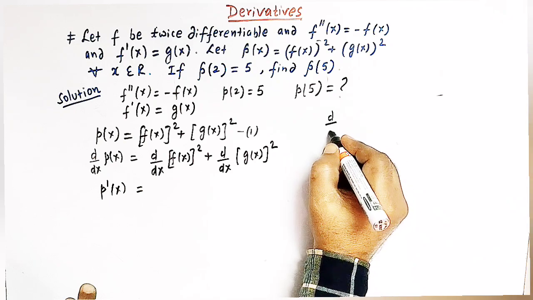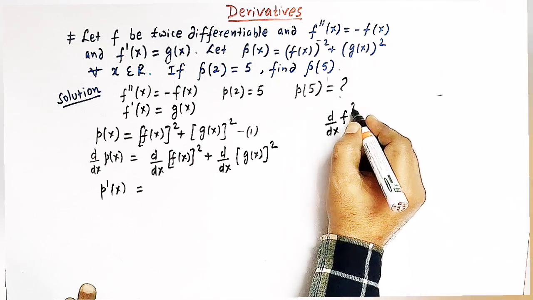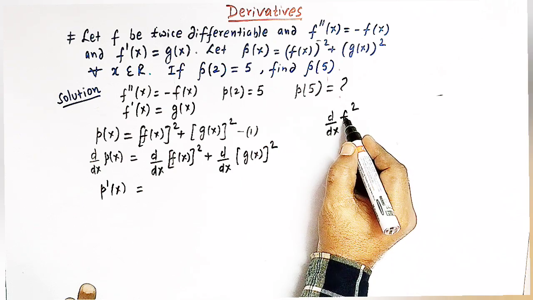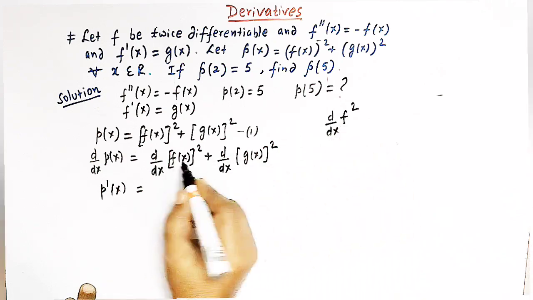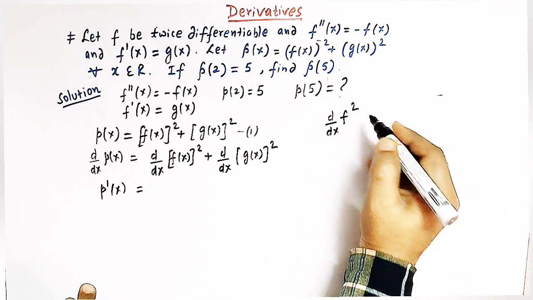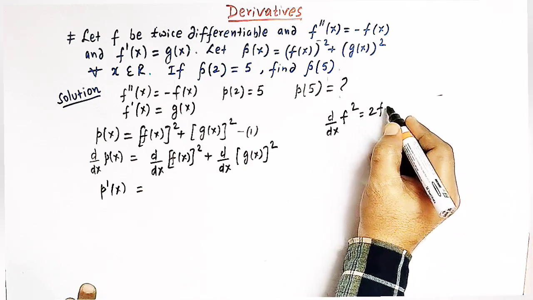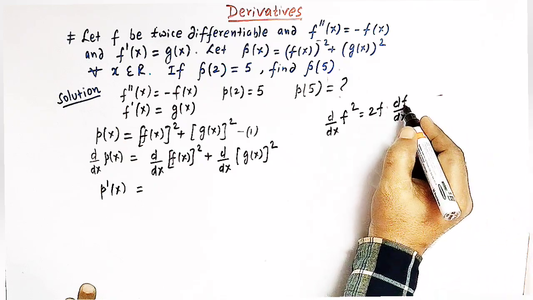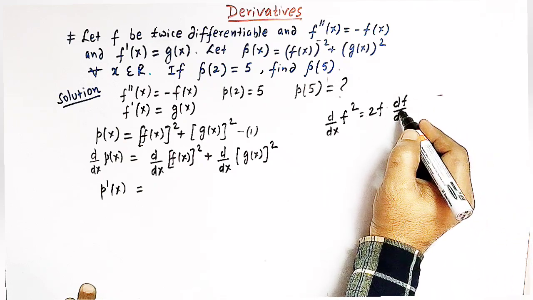See, we can write d by dx of f square. So for simplicity, we can take f in place of f of x. So taking the derivative of f square with respect to x is 2f times df over dx, and this is due to chain rule, right?